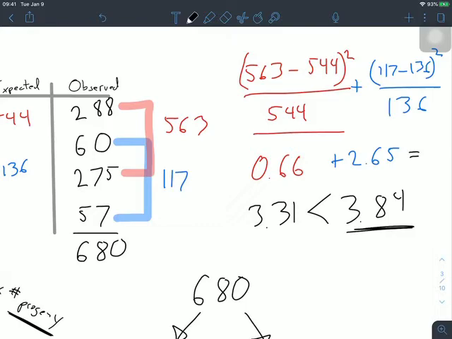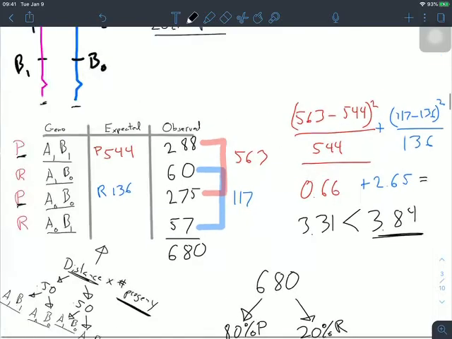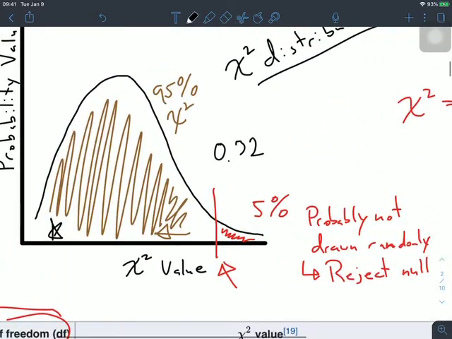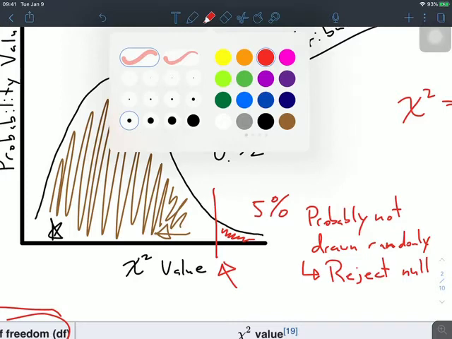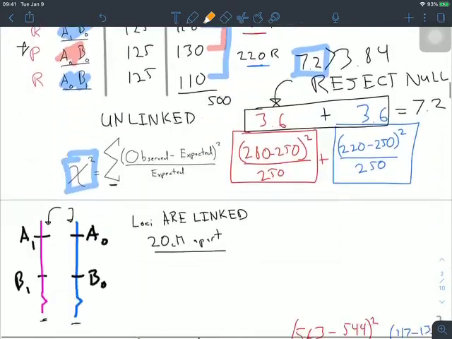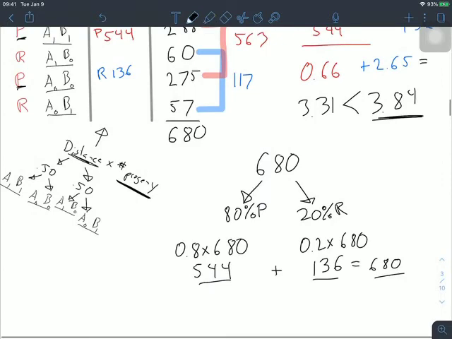And because it is less than our threshold cutoff, going back to our graph here, even though that value is somewhere close to the cutoff, it still falls between the cutoff and 0, meaning that it is within this 95% expected range, meaning that we cannot reject the null.